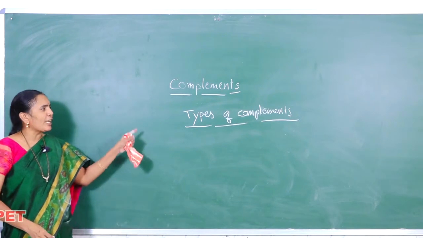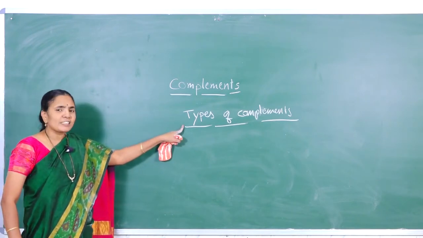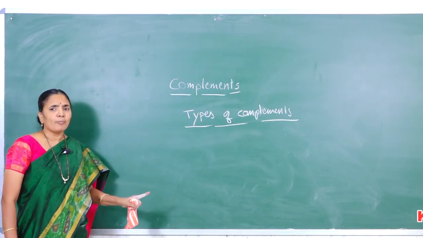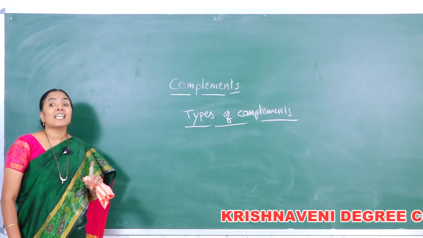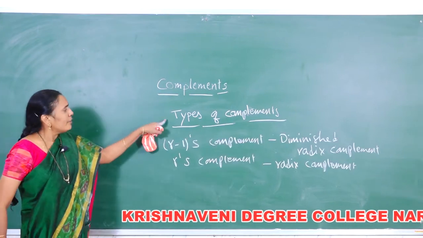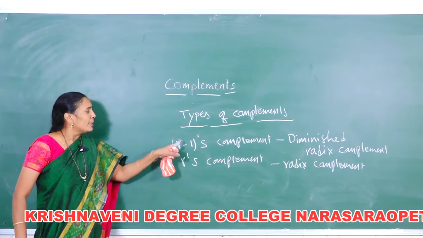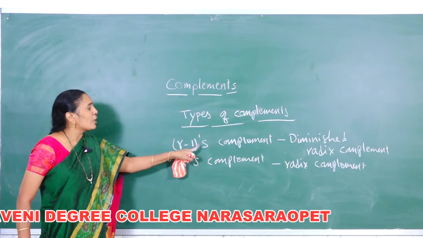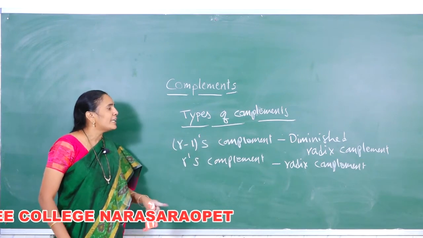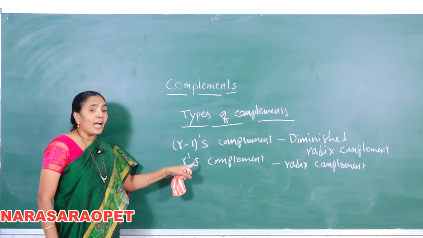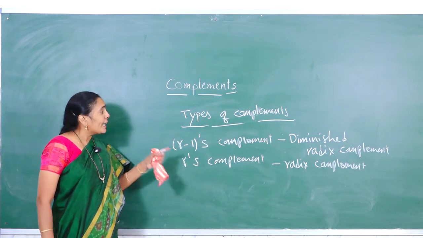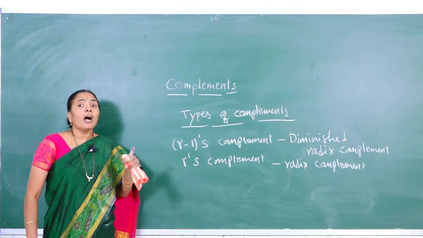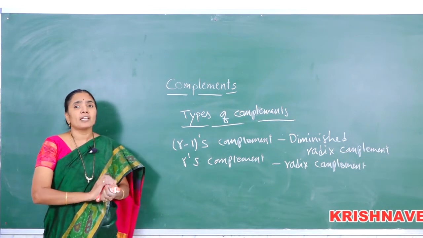In the previous video we discussed that in a number system we have the base, which is also called the radix. Here we have 2 types of complement: the r minus 1's complement, known as the diminished radix complement, and the r's complement, known as the radix complement. The next topic is how to find the complement of a given number.